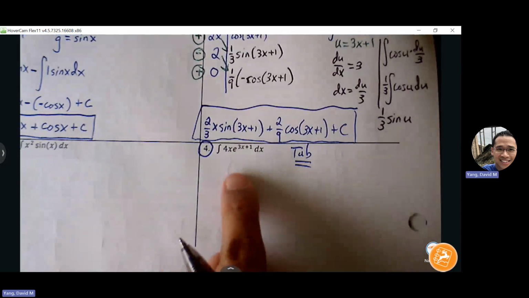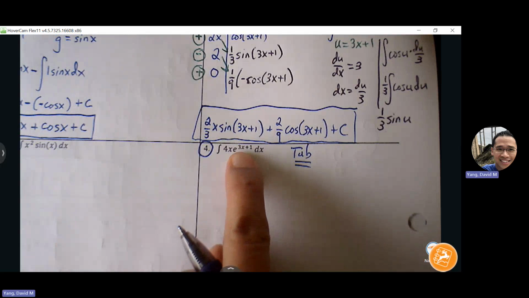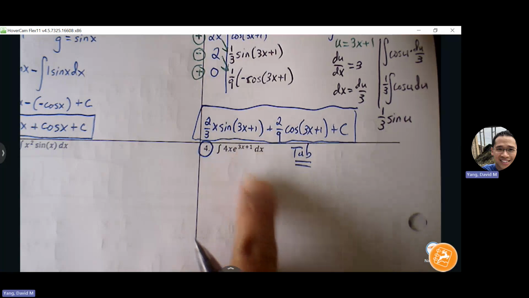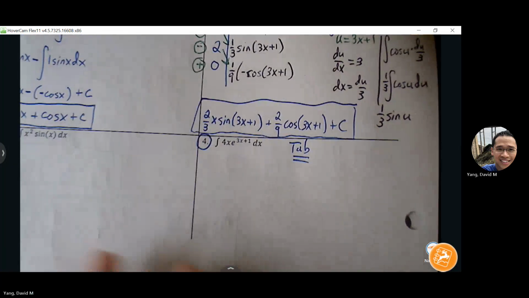But if you had to guess, what do you think the coefficient that's going to come out of this is going to be? Times 1/3, yeah. But if you want to go through full U substitution, convince yourself, you can do that.